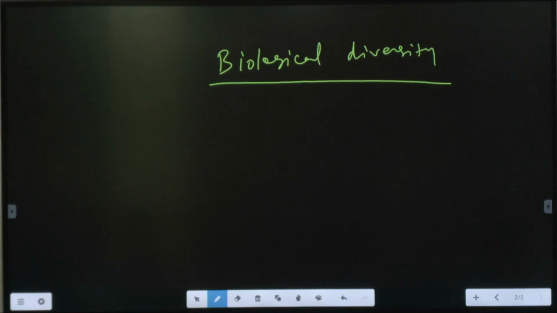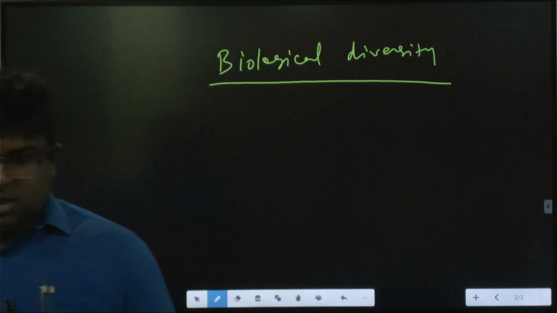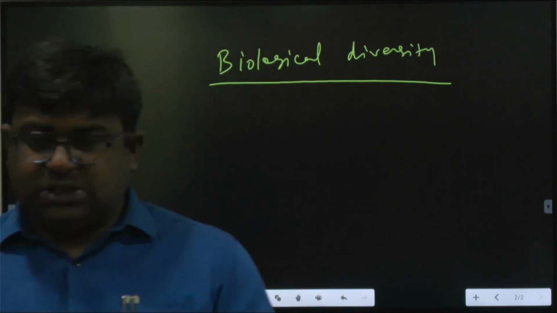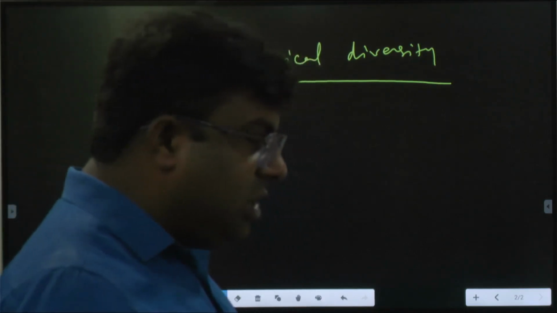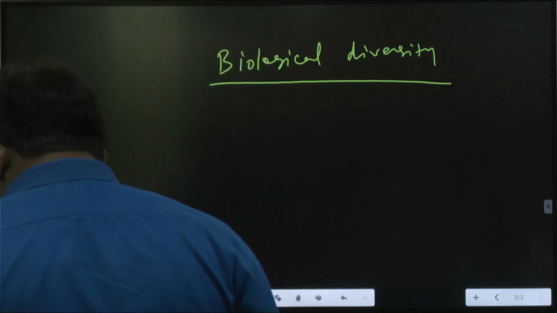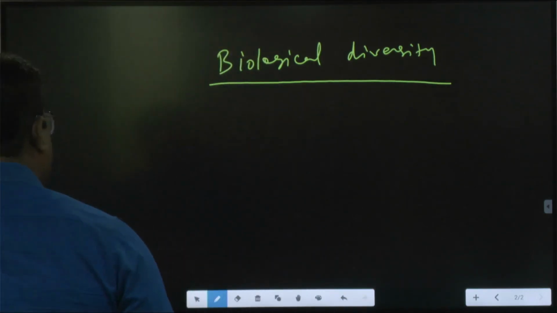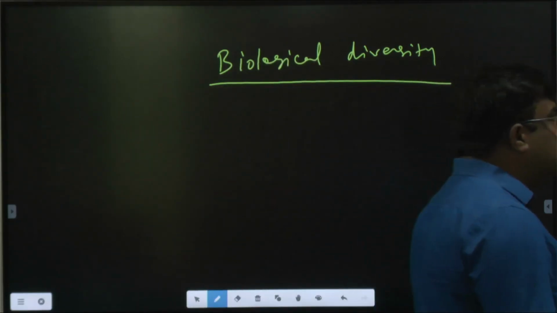And third one is community biodiversity. Community diversity. It means variety in community structure of an ecosystem.